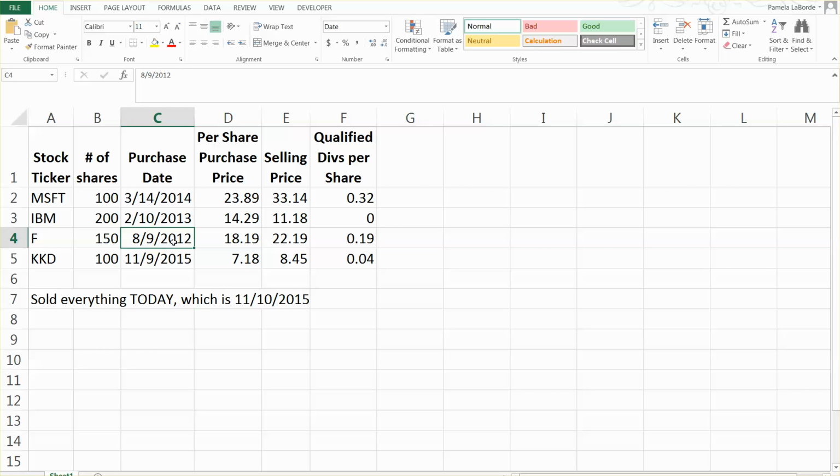Some I'll owe in 2012, some in 2013, some in 2014, and 2015, because again, you pay taxes on the dividends in the year that you received them. So, my question in this example is how much will I owe in taxes if I sell all my shares today?